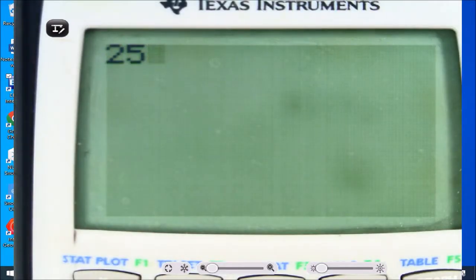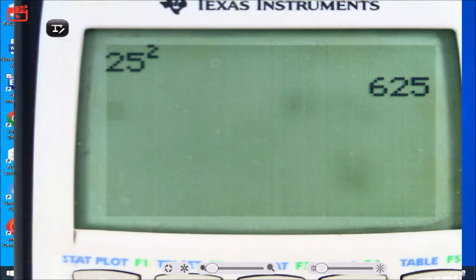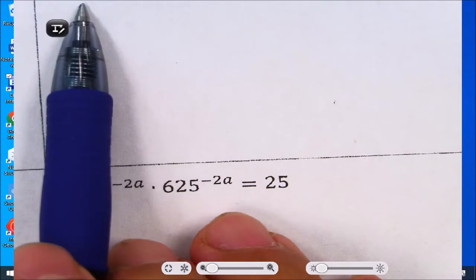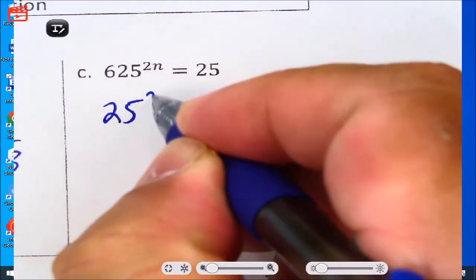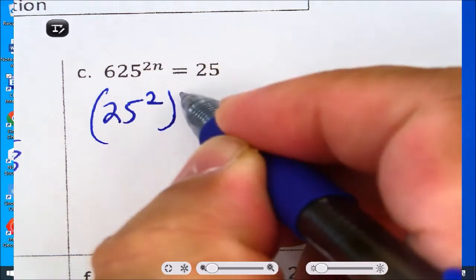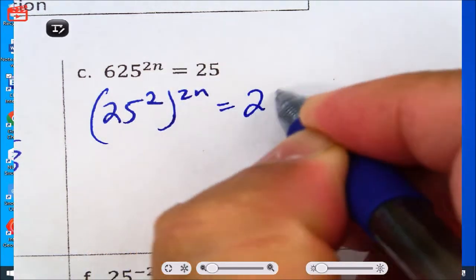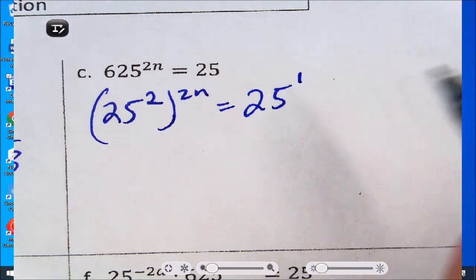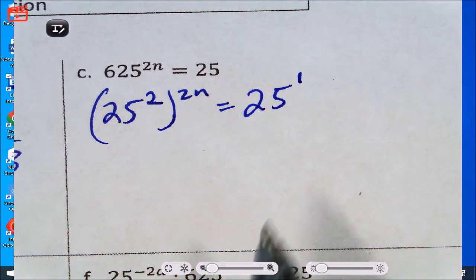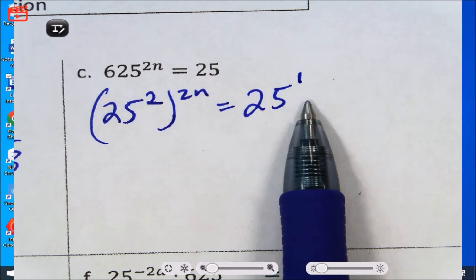It's 25 to the second power, and it's exactly 625. So that means I can rewrite 625 as 25 to the second power. And I'll leave the 2n on the outside. And I'm going to write a 1 on the 25 for emphasis.